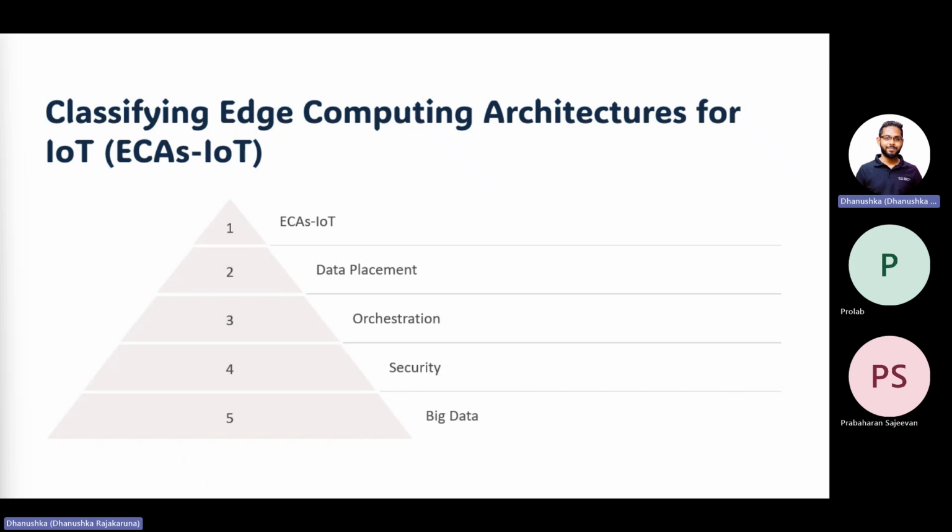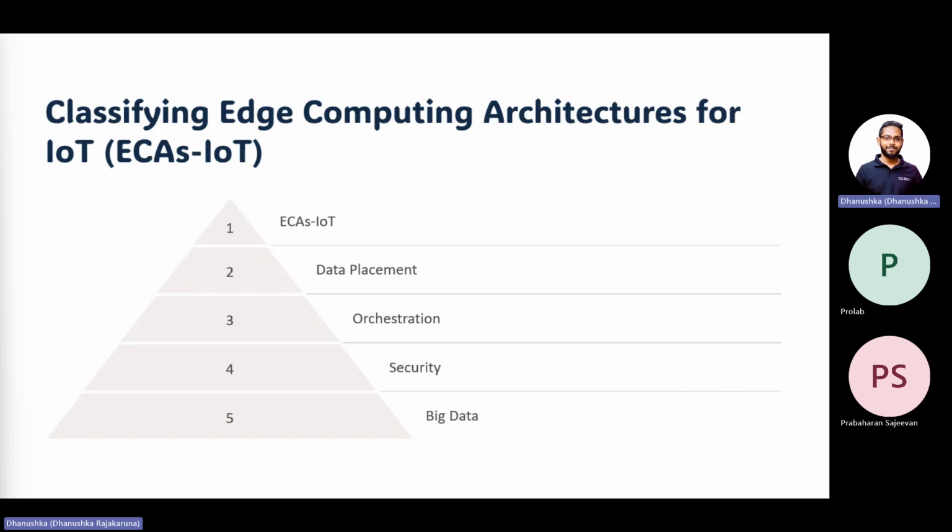Then gateway-level edge computing, where data is processed at intermediate devices such as gateways or routers, suitable for filtering, aggregation, and local decision making. Examples will be industrial IoT hubs and home automation gateways.